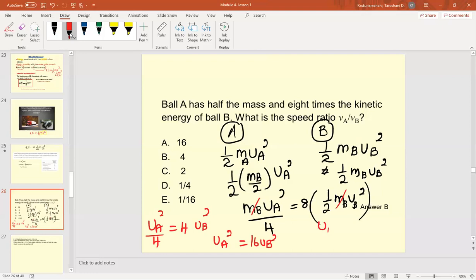But I'm looking at va to vb, then the square root of 16, which is 4. That ratio is 4. Okay, it's just for fun.